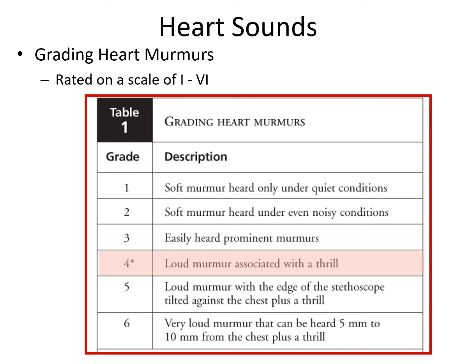But I want you to be aware that there is a scale, and I will point out what you should know about it. Grade 1 is the softest sounding murmur, and grade 6 is the loudest. A murmur graded 4, 5, or 6 is so loud you can actually feel a rumbling from it under the skin if you put your hand on the person's chest.